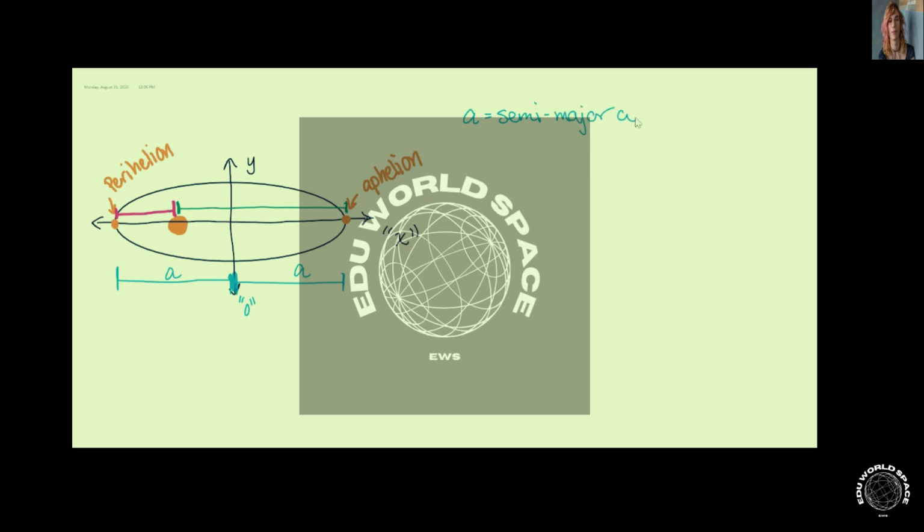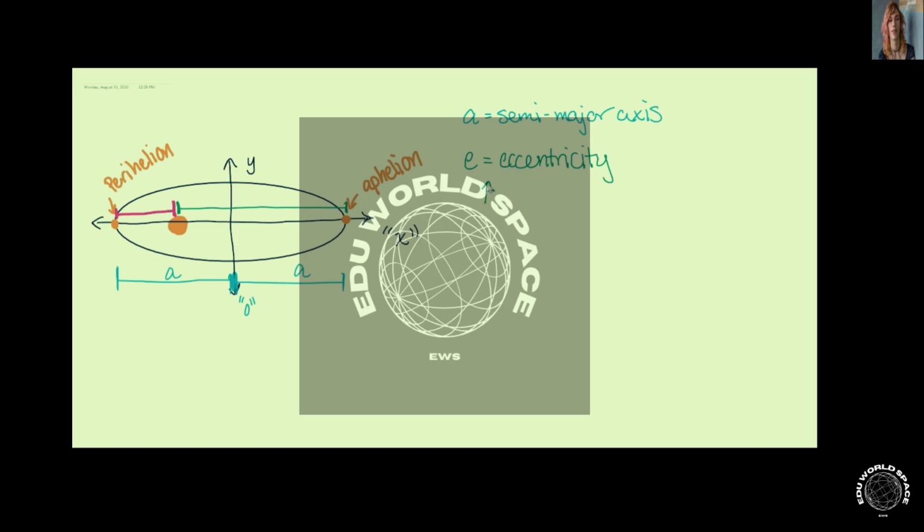Semi-major axis. Now, this is going to vary depending on the planet, right? So Pluto is going to be different than Mars, which is different than Venus, etc. Additionally, you also have something called eccentricity. Eccentricity is defined as E, and that value defines how much of an ellipse you are, how elongated you are.